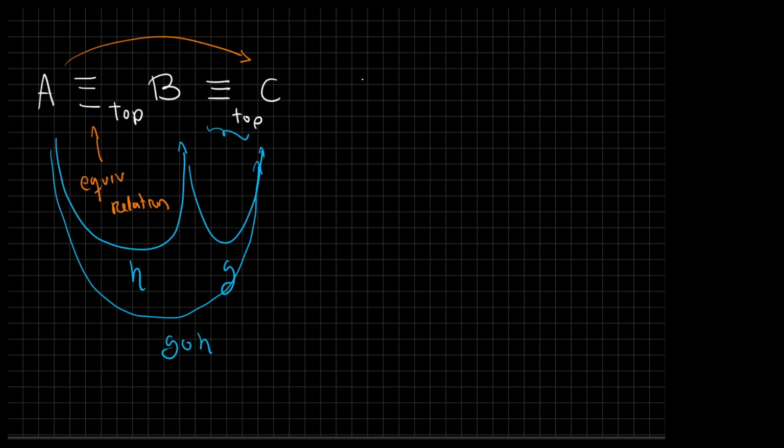Let's write it here. We say that H is a homomorphism. In this case, let's suppose that A, B, and C are matrices with real entries with dimension n.